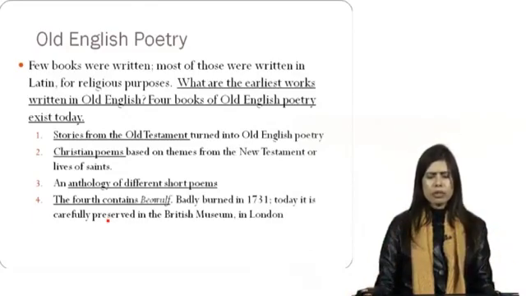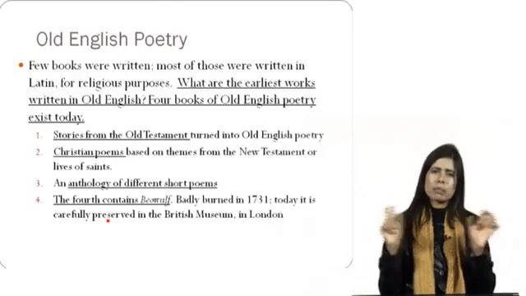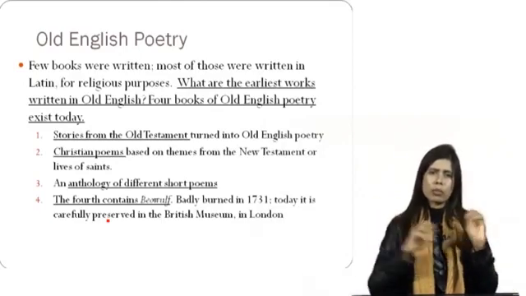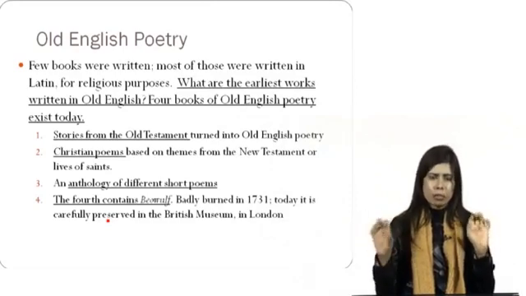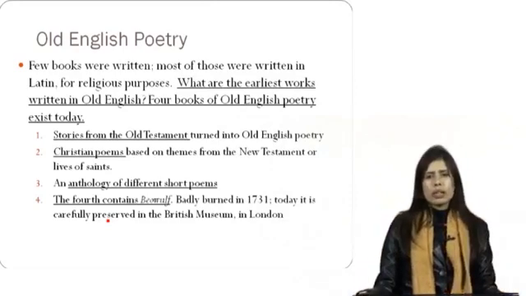The last is an anthology of different short poems, like many poems in one book, written by different poets. Okay, my dear students, here you can see that this is a written form of literature, but it was banned in 1731, and it is preserved in the British Museum in London.